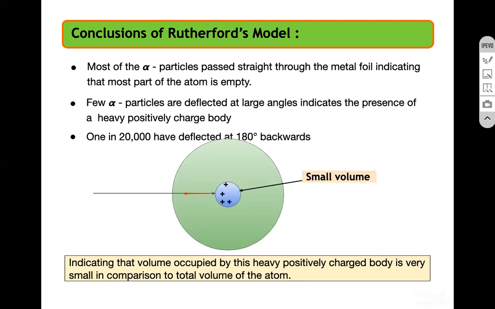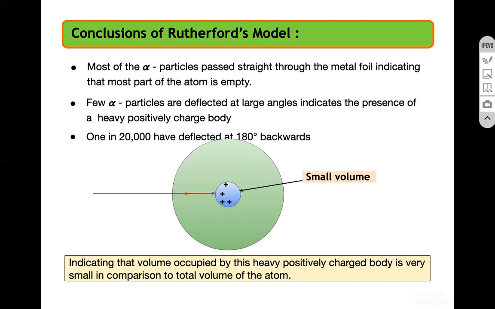That is told because alpha particles are deflected by a large angle. Some alpha particles are deflected by a large angle. This means a positive particle is present at the center, which is the nucleus, heavily positive. And deflection is very few, which means it is covering a very small area. Understood? Got it, sir. Thank you, sir.